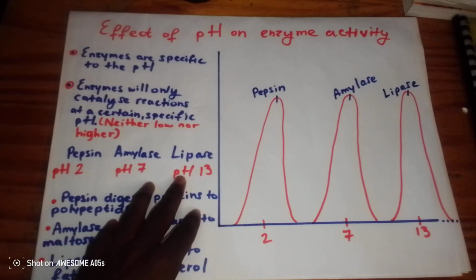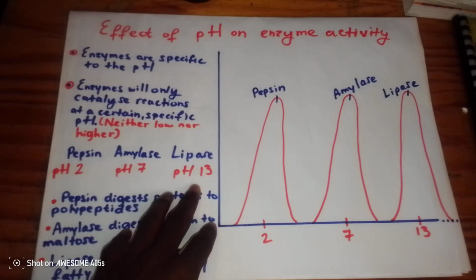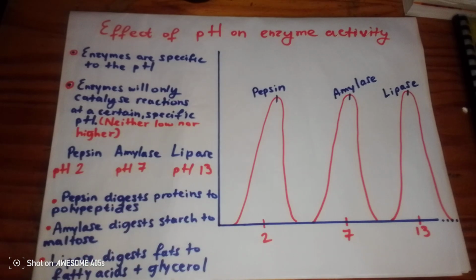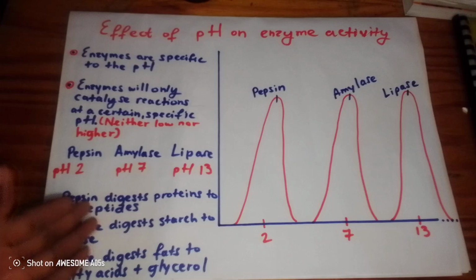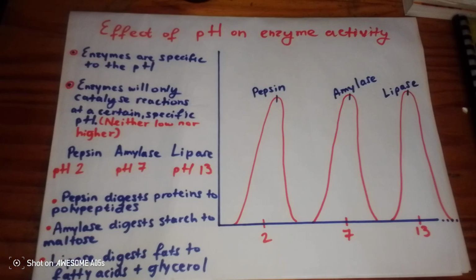And lipase only works at pH 13. That means we have narrow limits. Pepsin could work from pH 2 to pH 2.5 perhaps, and amylase can work from pH 7 to pH 7.5. The moment the pH hits 8, no reaction from amylase.